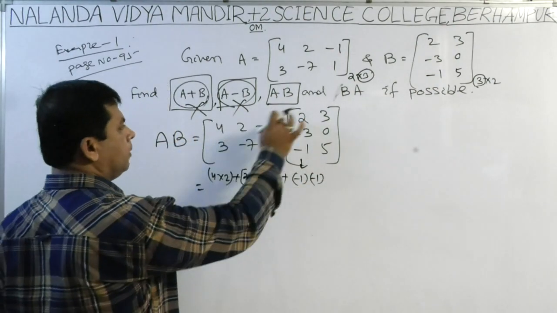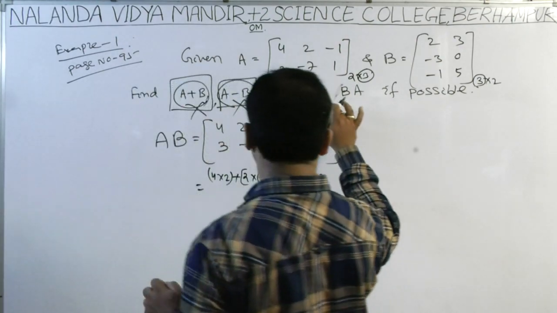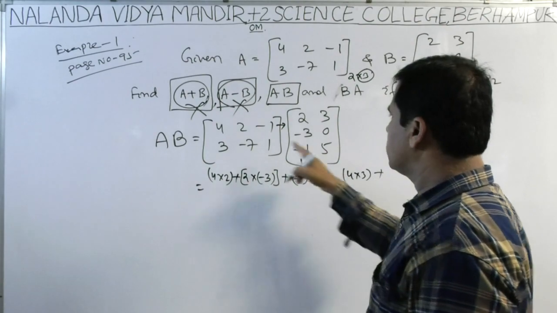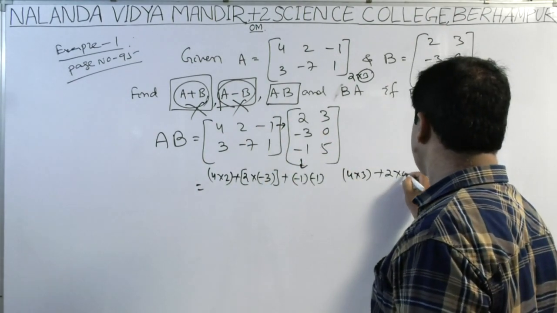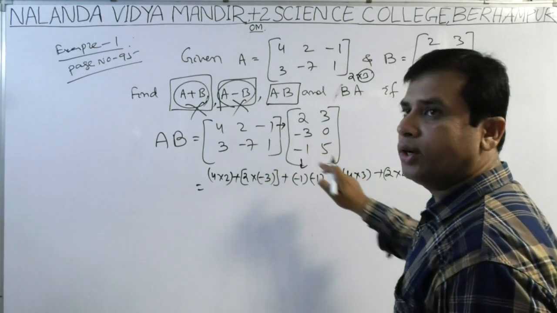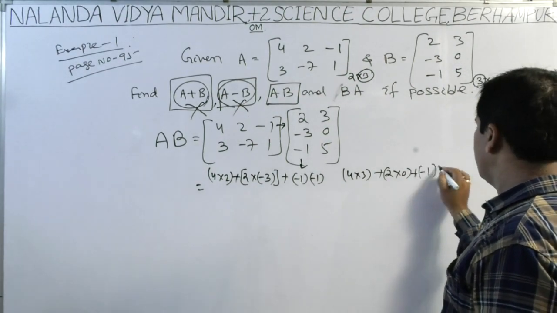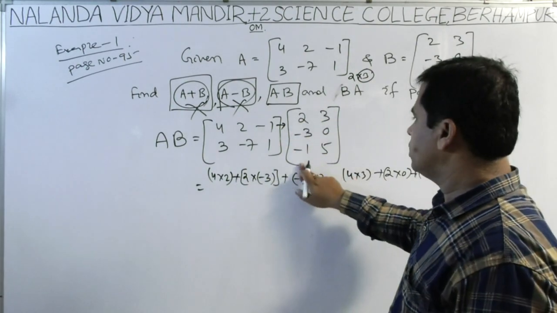This is our first row, first column. Similarly, first row, second column: 4 into 3 plus 2 into 0 plus minus 1 into 5.